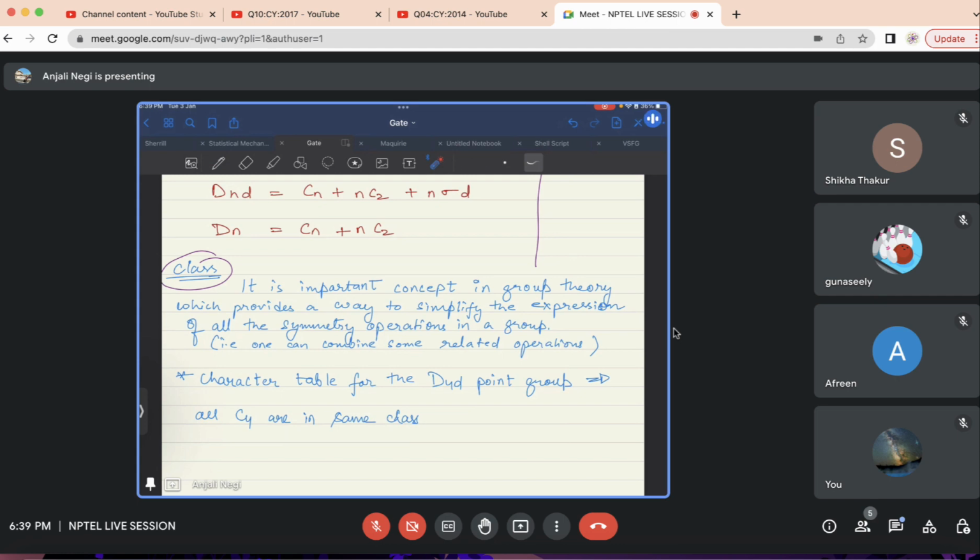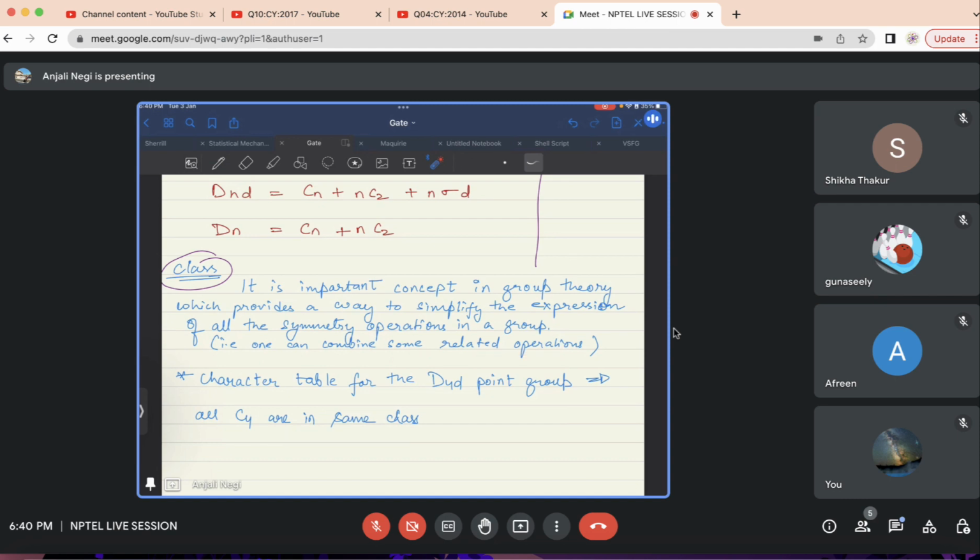It provides a way to simplify the expression of all the symmetry operations in a group. Okay, so in a group, for example D4d, we have a number of symmetry operations, and we can simplify it by creating classes of special symmetry operations which are combined, related operations.